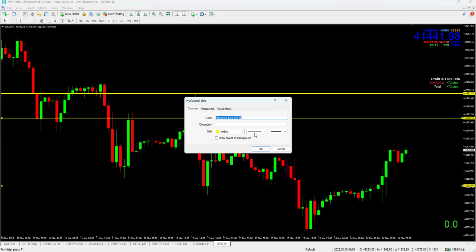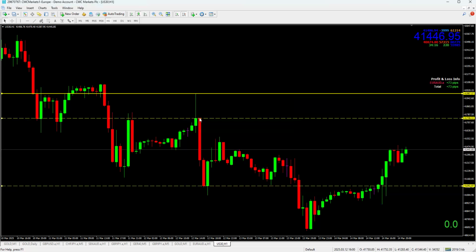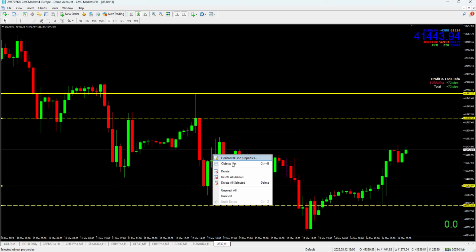Support and resistance would usually mean where the body of one candle turns to a different color. So the yellow broken lines here, that's the resistance. The one here is support.